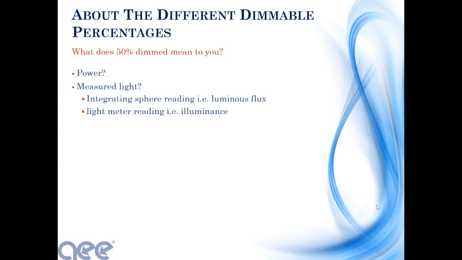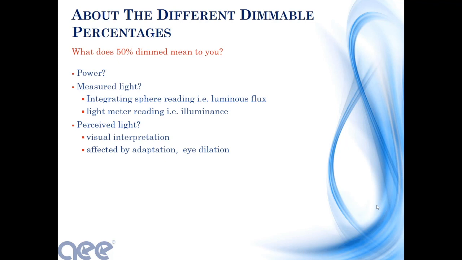So that's a percentage of dimming. But you have to be really careful when you're talking about how you want something dimmed as far as the percentage. And then not only that, we're talking about foot-candle levels, which is the illuminance, versus the actual light that comes out of the fixture, which is how many lumens come out. So lumens don't equate to the light level you will find on your tabletop.